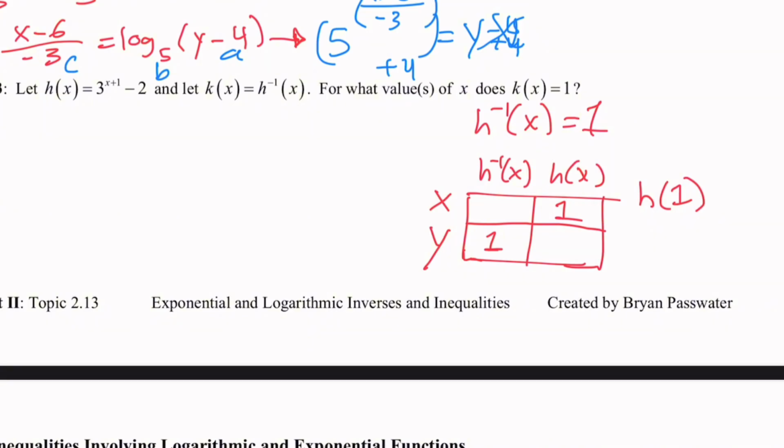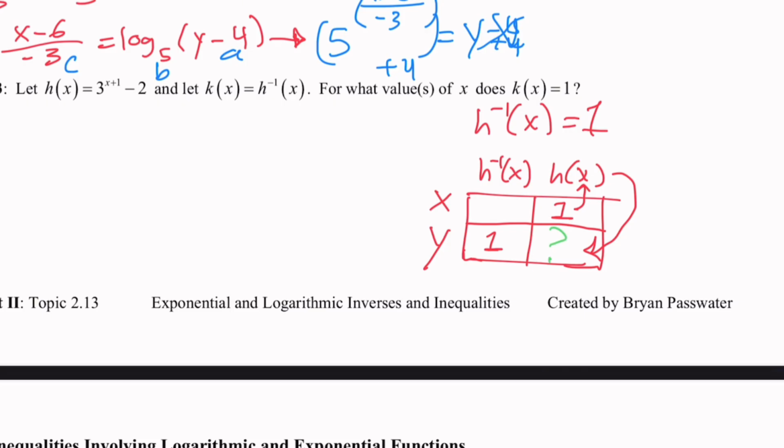is going to equal whatever the x is inside of that. Hopefully that makes sense with the table I drew, because if you plug in x, we can solve for this y, right? H of 1 will solve for this y value right here.